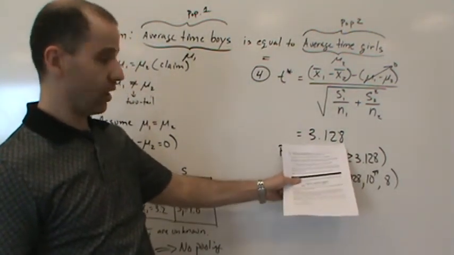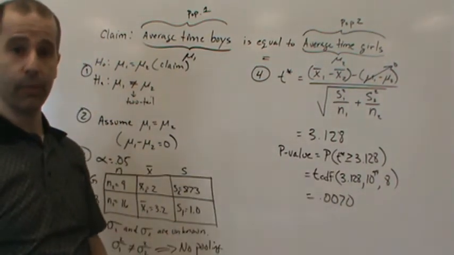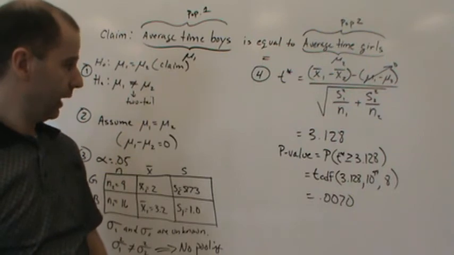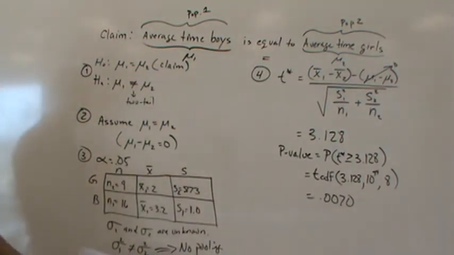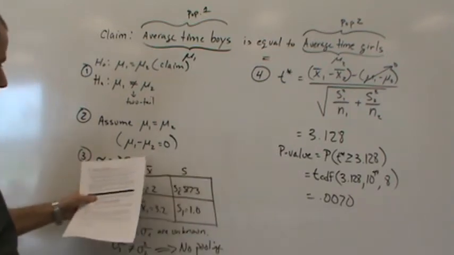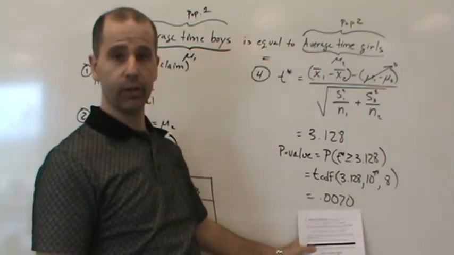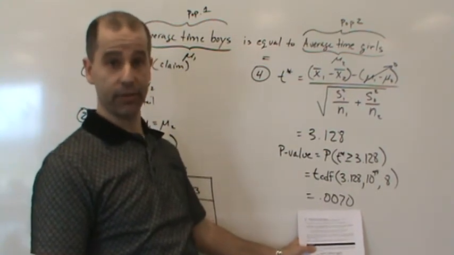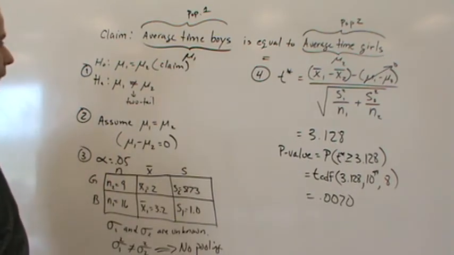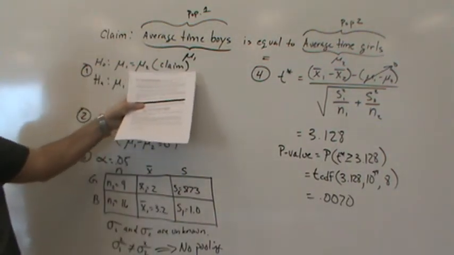We could use this as our t star, so we can use the traditional method or the p-value method to get the conclusion. Whichever one you use, alpha is 0.05, so we're going to end up rejecting the null hypothesis, which is the claim.